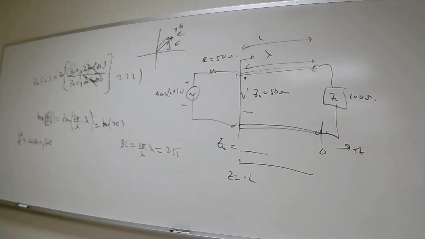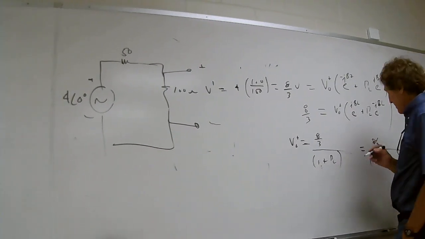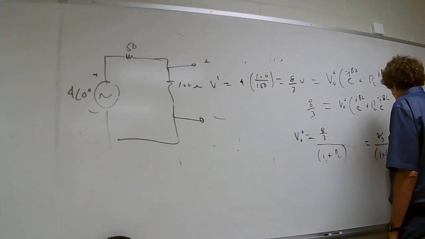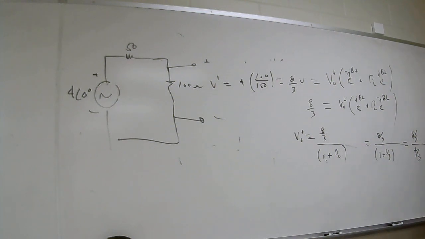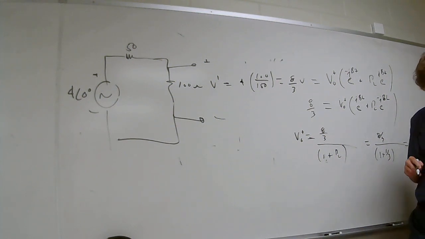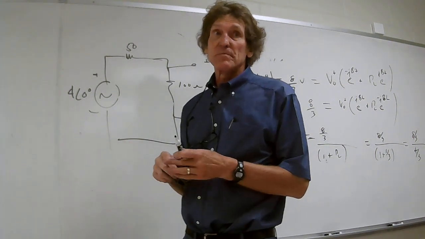The reflection coefficient was 1/3, so that's 8/3 divided by 4/3, right? Or we get 2. V naught plus is 2, correct? Now I needed that to answer your question.